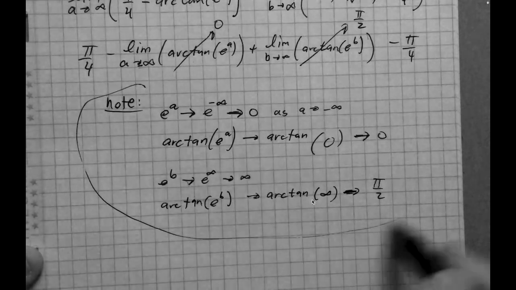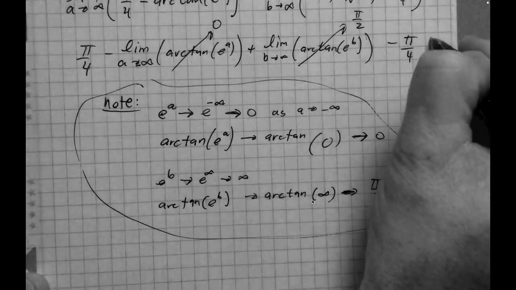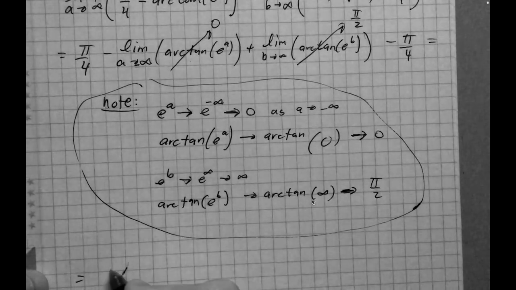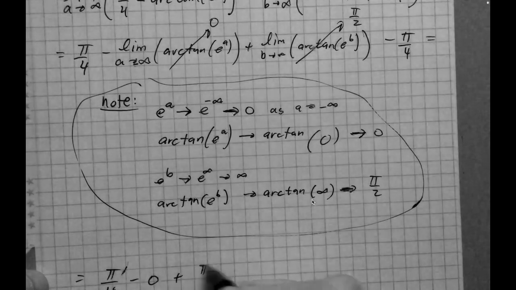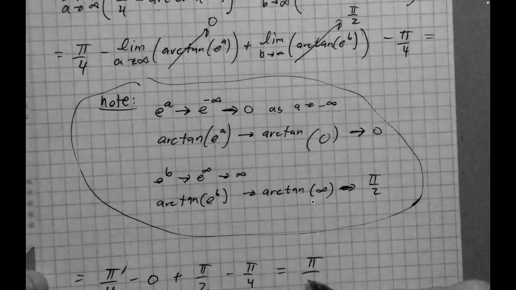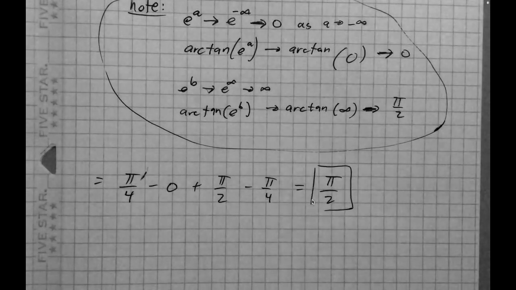Okay, so this is all side calculations. And so that means that we basically have pi over 4 minus 0 plus pi over 2 minus pi over 4. So the whole thing is pi over 2, isn't it? Okay.